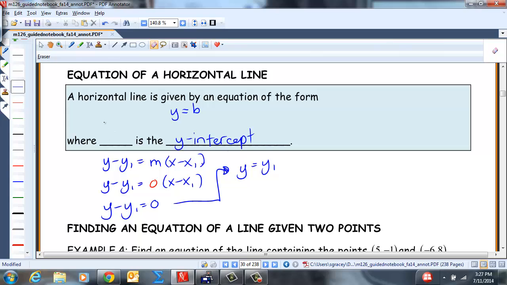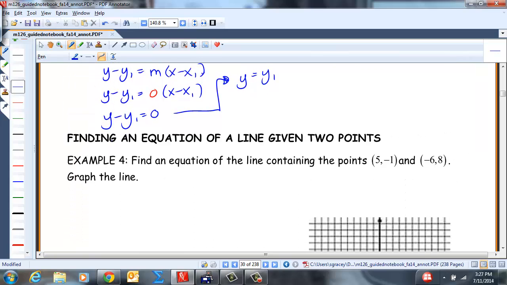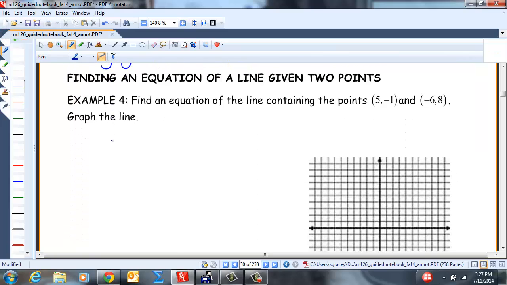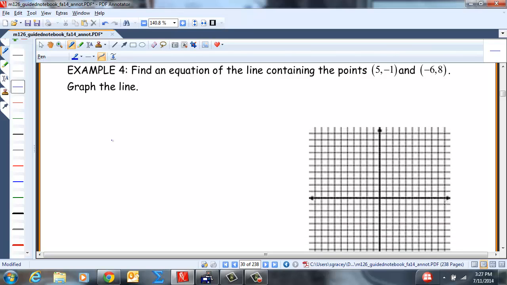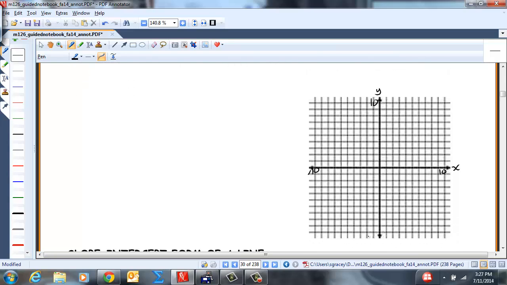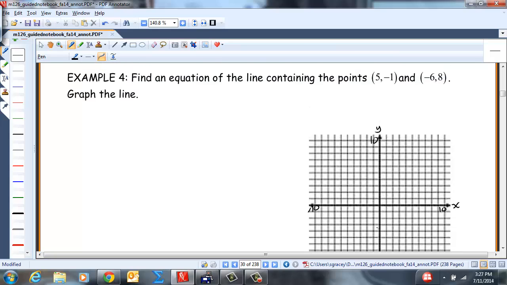That's a crazy looking b. Sorry. Here we are. Okay, so let's do it. We've been given two ordered pairs, so the graph, of course, is going to be super easy. We'll just use our standard scale again. And how do you graph a line if you know 2 points? You plot the 2 points.